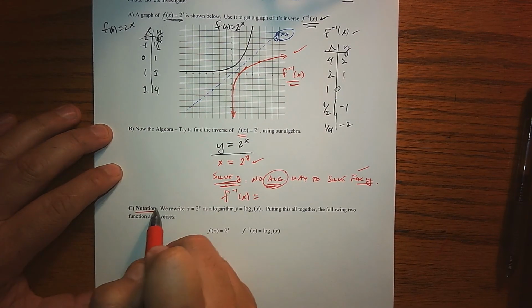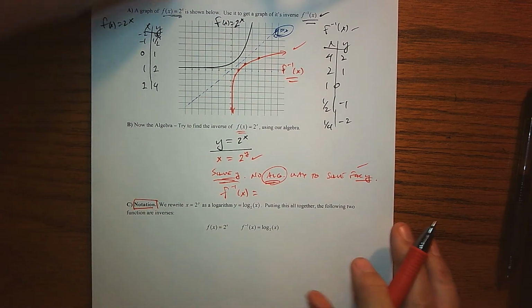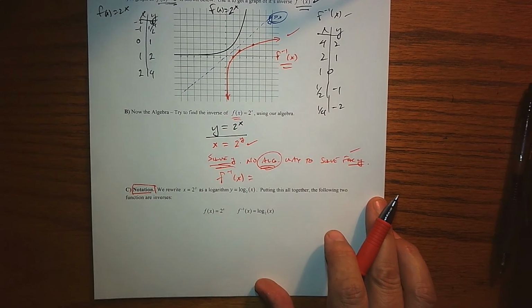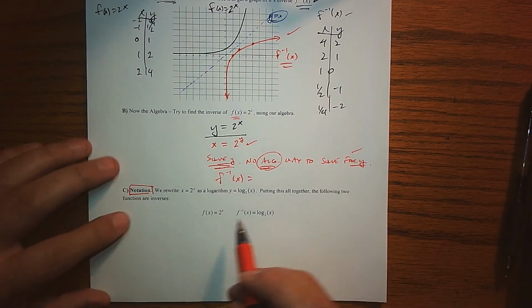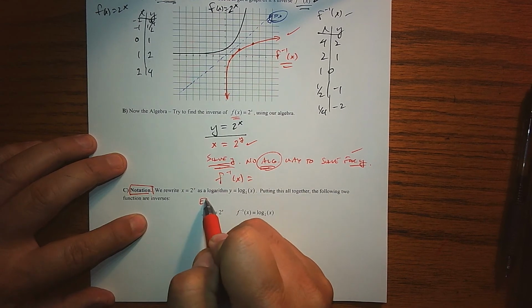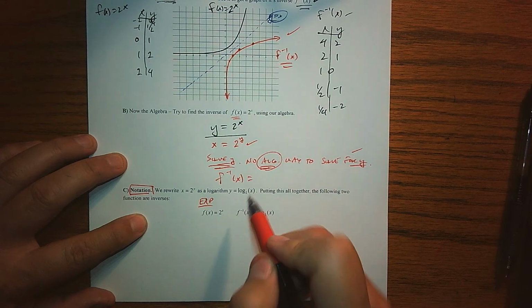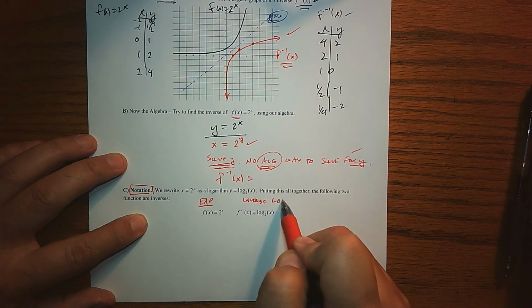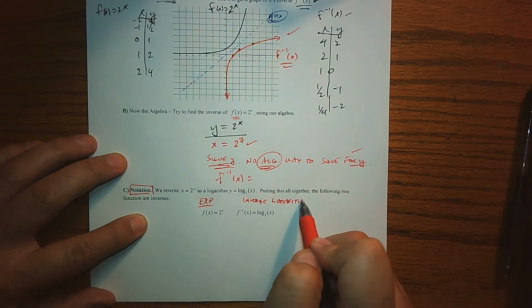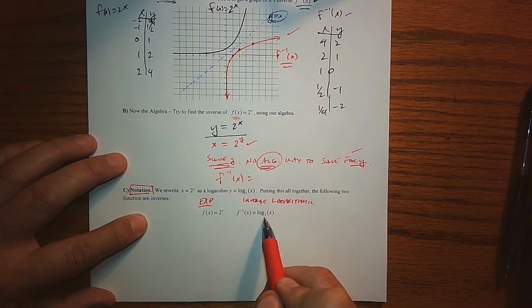We created a notation, and we justified it using a lot of other math, some calculus, and some other good stuff. But notationally, what we say is if I have the exponential function f of x equals 2 to the x, its inverse is what we call the logarithmic function, and it's defined to be log base 2 of x.